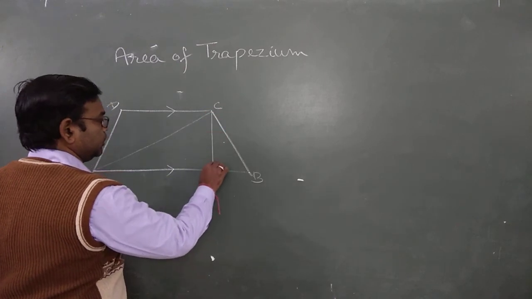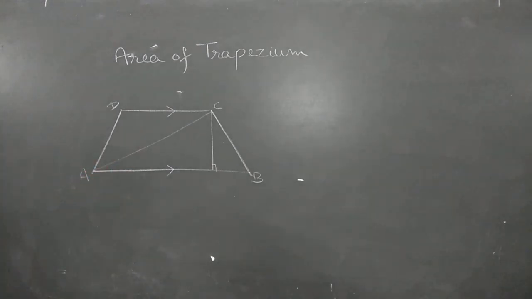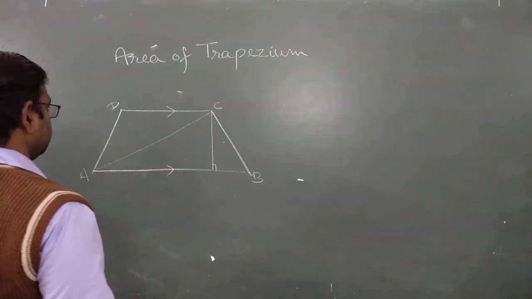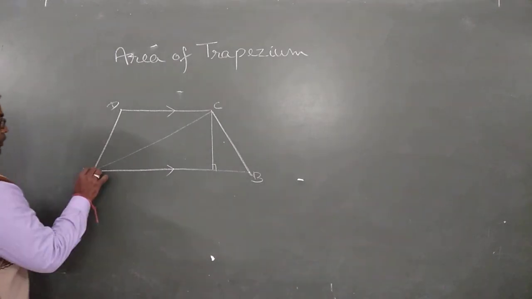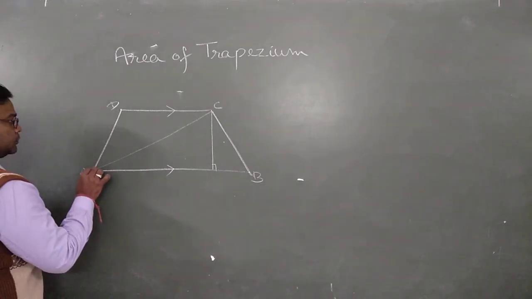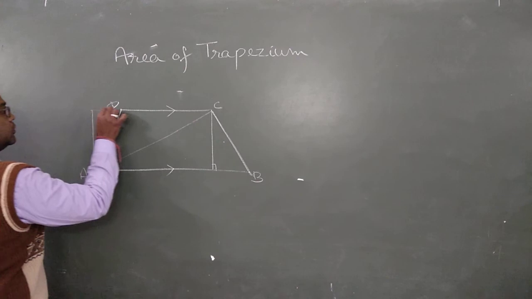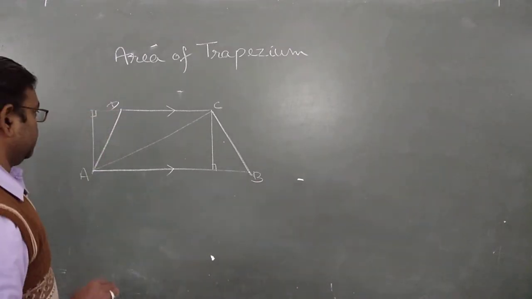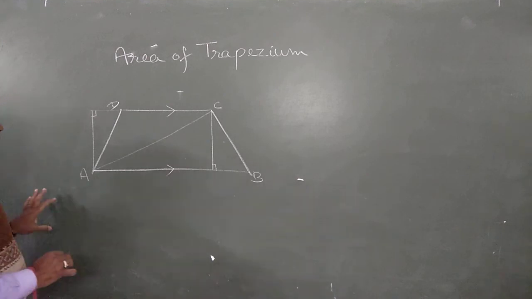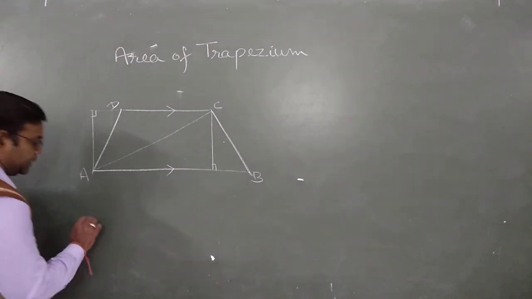So this is your height. In case of this triangle, if we drop a perpendicular from this vertex A, this is your height.